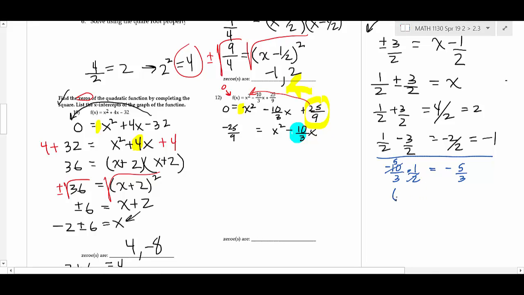Then you take that result and square it, which you can do in your head. Square 5, that's 25. Square 3, that's 9. So again, I've taken half of the 10/3, which is 5/3, and then I've squared that to get 25 over 9, and that's a positive number because I'm squaring that negative. Is everybody with me so far?